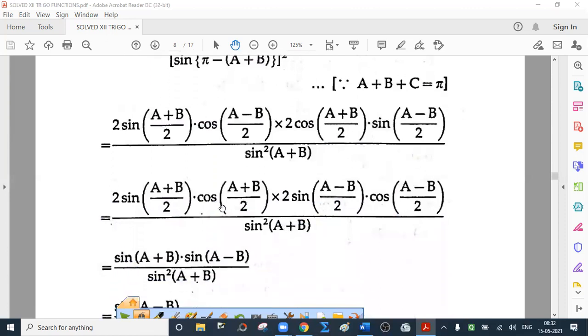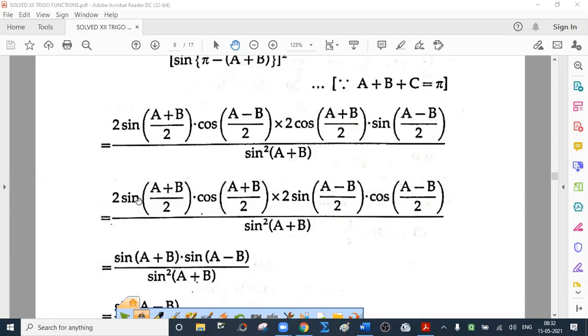Now next step, just see the numerator. I have rearranged the terms so that I can use the formula 2 sine theta cos theta is sine 2 theta. See, I have brought this term here and in exchange I have shifted this term at the end. Okay.